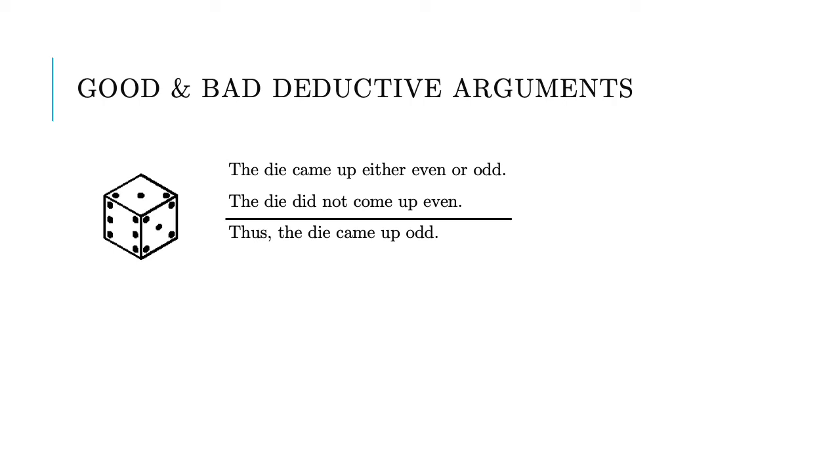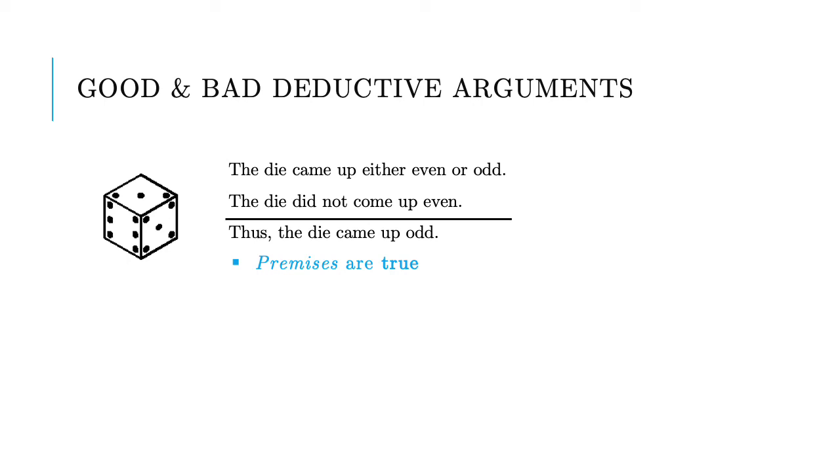And its conclusion: thus, the die came up odd. Notice here that the premises are true. Indeed, the die did come up either even or odd. This is tautologically true. And the die did not come up even.